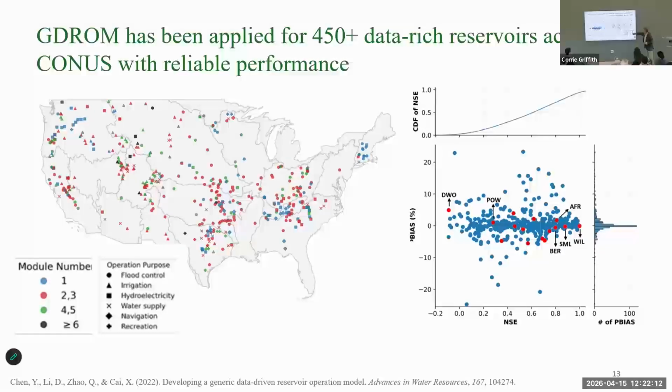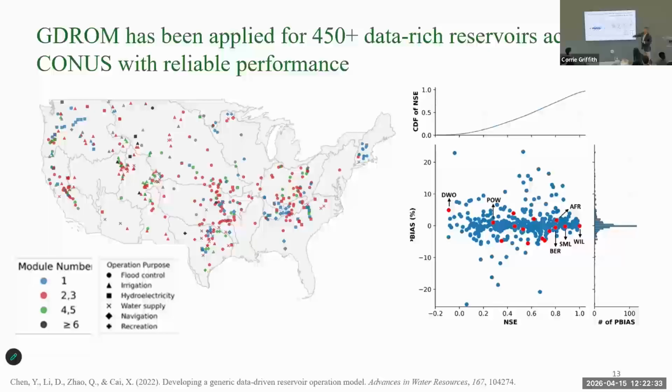Some of the reservoirs have 2. Some have maybe 4 or 5 basic modules, because those reservoirs might have multiple functions: hydropower, irrigation, or flood control, irrigation. And then they need different modules for different time periods.